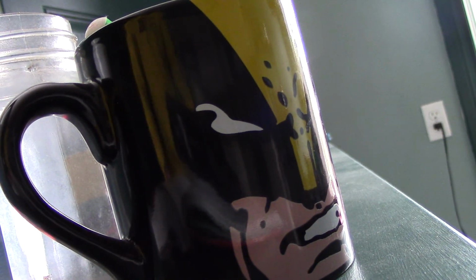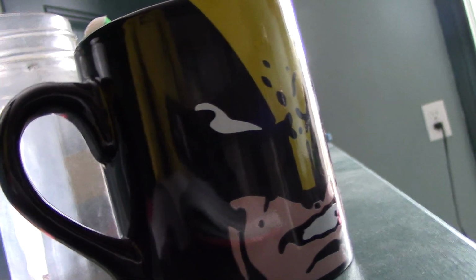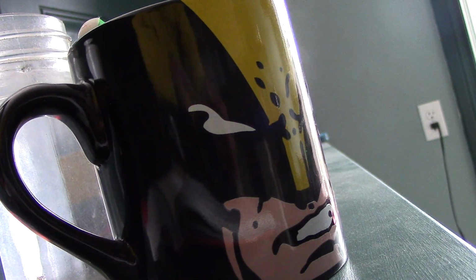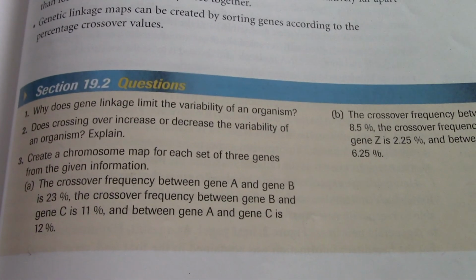The crossing over frequency between A and B. So this is number 3. Okay, the crossing over frequency between A and, I have genes A, B, and C in this question. Crossing over frequency between A and B is 23%. So we know that they are 23 map units away.